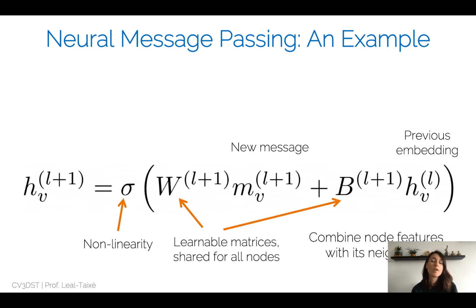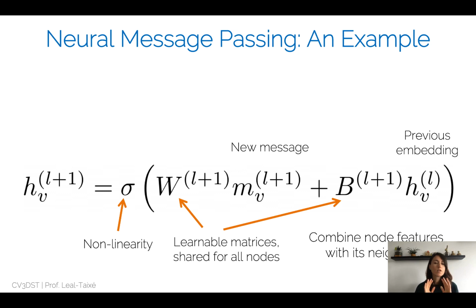Now the second operation is the update of the embedding of node V. So the idea here is again that I need to combine the new message that I've actually retrieved, so all the information of my neighbors, with my own previous embedding. And this was the embedding at step L. And how I'm going to basically combine these two sources of information is actually with learnable matrices, right?